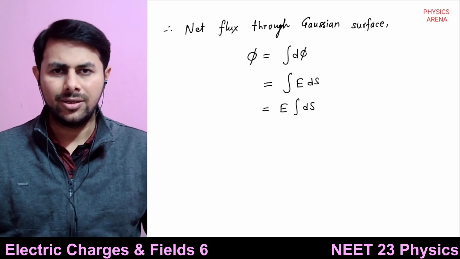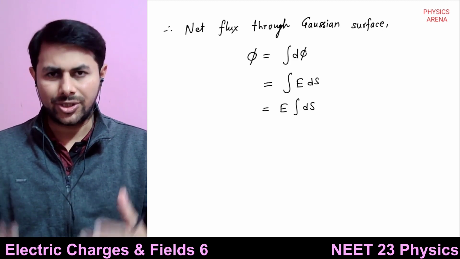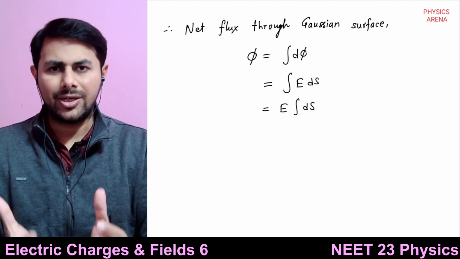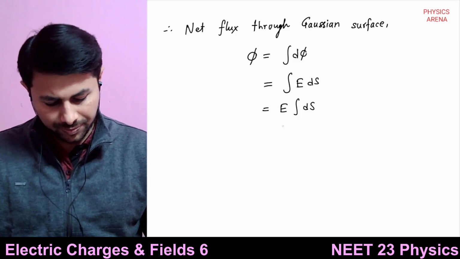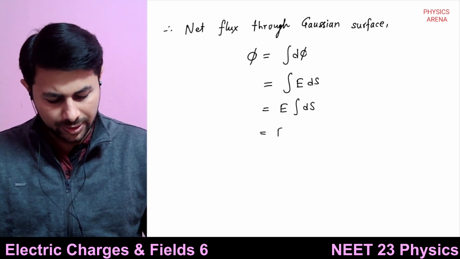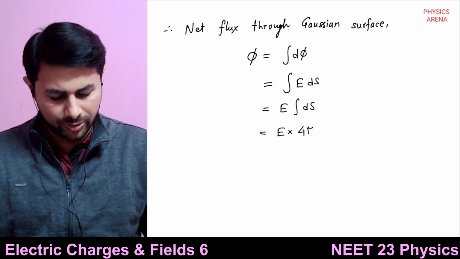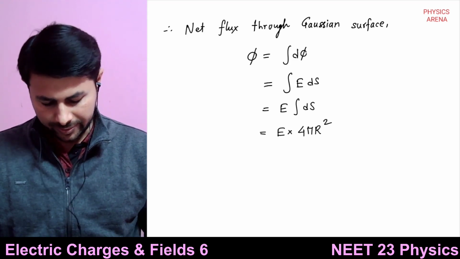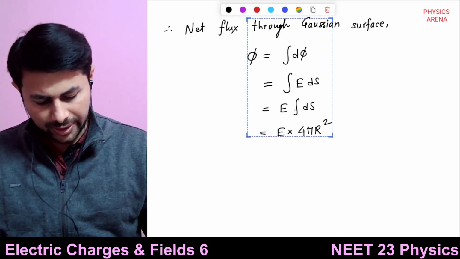Integral of ds is the total area of the Gaussian surface. And now our Gaussian surface is the spherical shell itself, right? So it is equal to E multiplied by the surface area of the spherical shell, which is 4 pi r square, right?